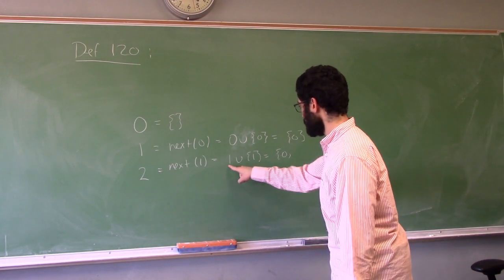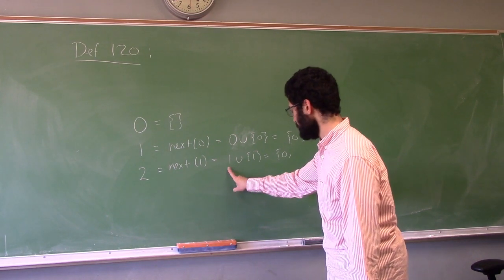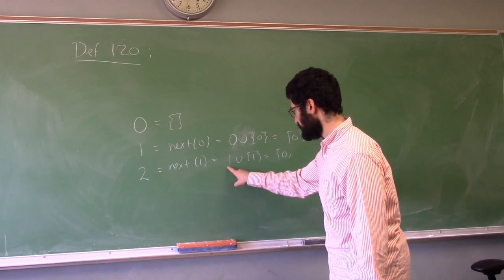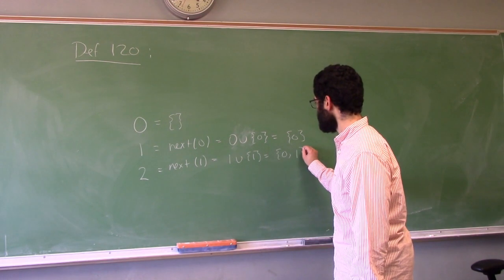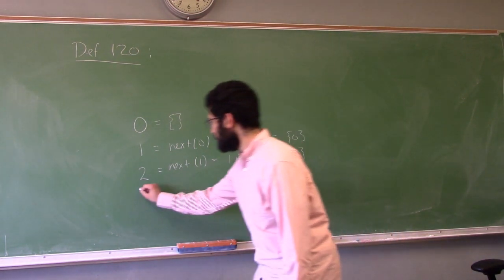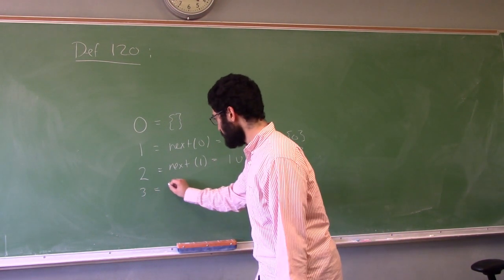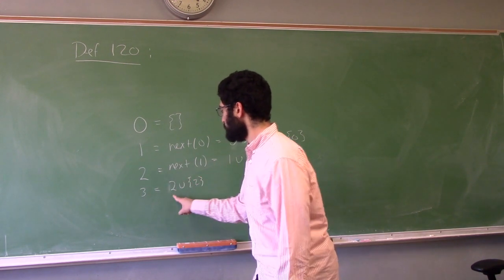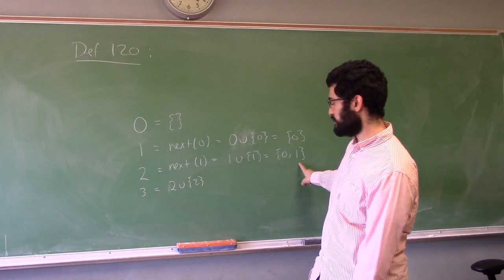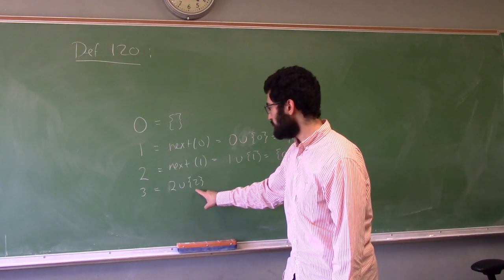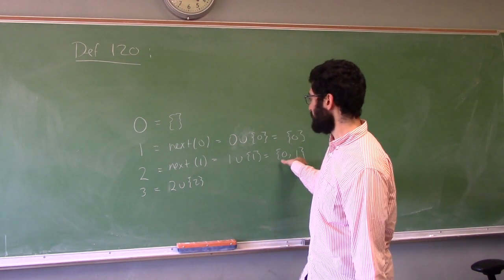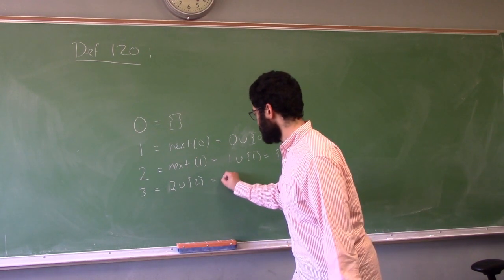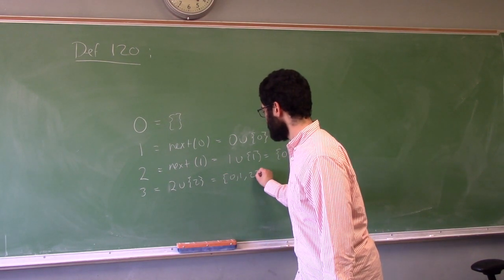Well, 1 is the set singleton 0, and when I union singleton 0 and singleton 1, I get this. And hopefully you're seeing that each time, 3 is going to be 2 union singleton 2. So take the previous list, which consists of 0 and 1, and then throw in the entire list itself, which has the name 2. So you get 0, 1, 2.